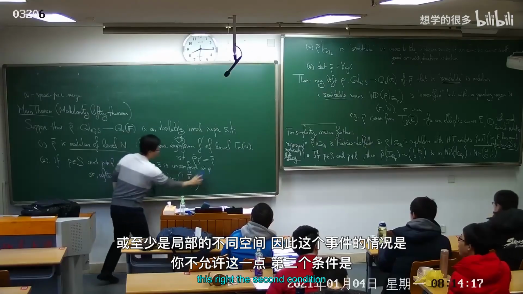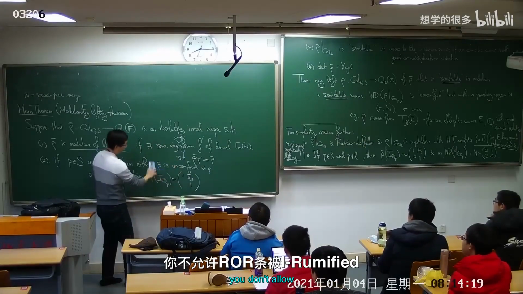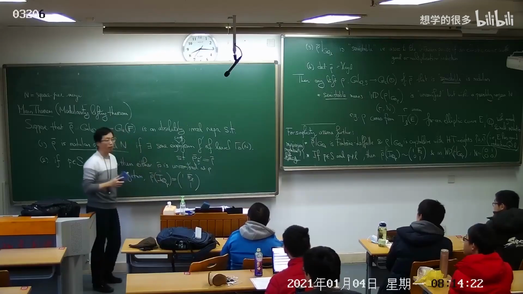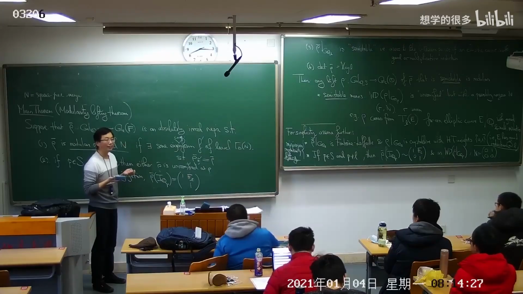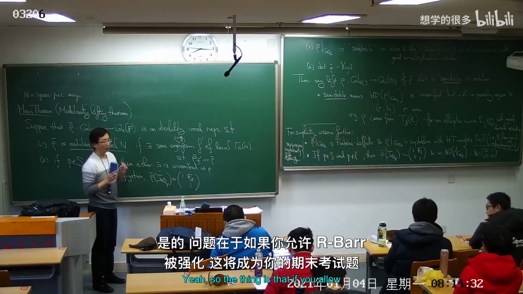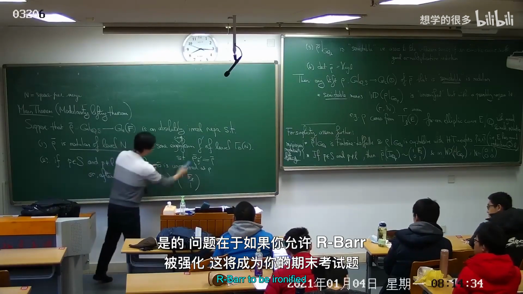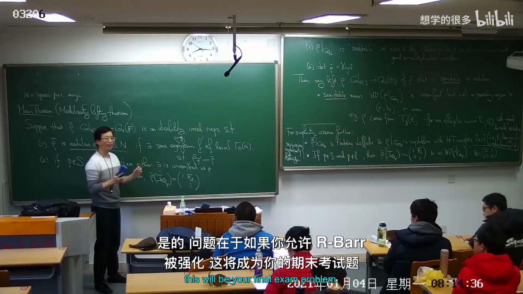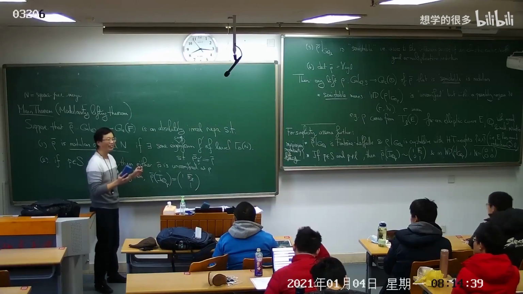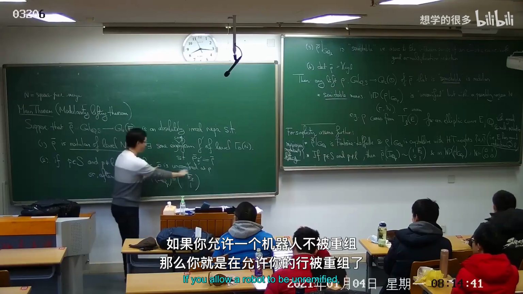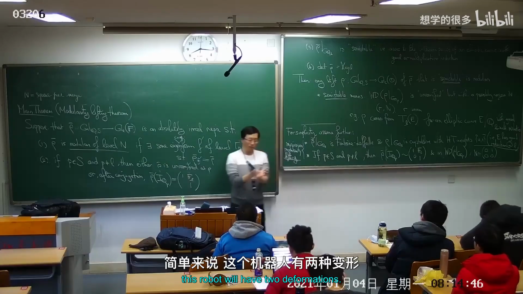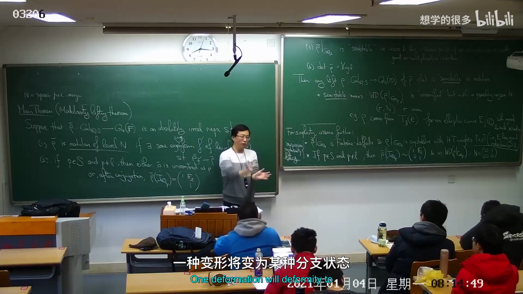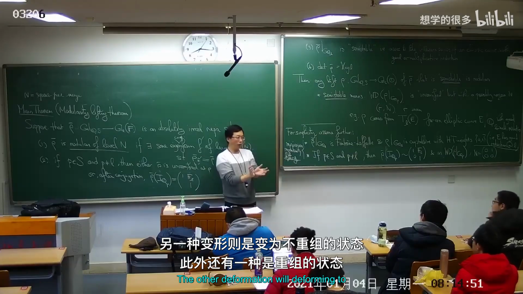You don't allow this. Sorry. The second condition, you don't allow rho bar to be unramified. If rho is ramified, then rho bar has to be ramified. That's what the condition says. The thing is that if you allow rho bar to be unramified, this will be your final exam problem. If you allow rho bar to be unramified, yet you allow your rho to be ramified, then basically this rho bar will have two deformations. One deformation will deform into something which is ramified, the other will deform into something unramified.